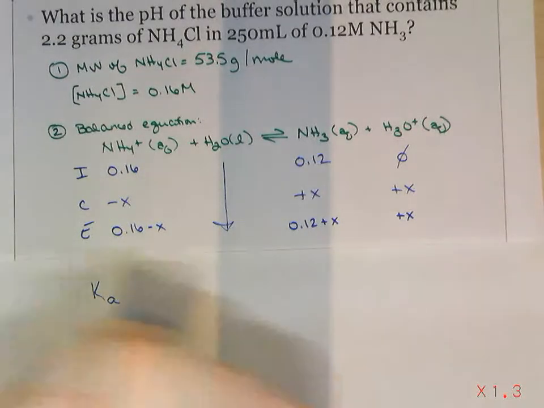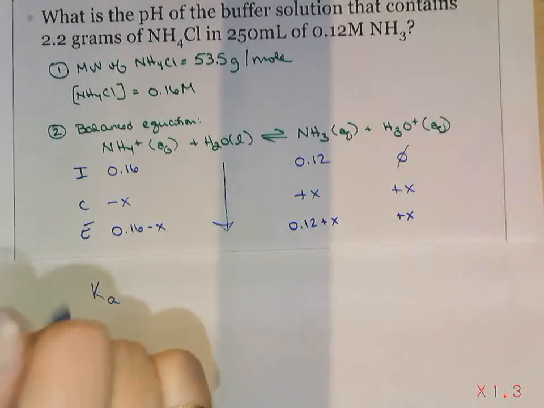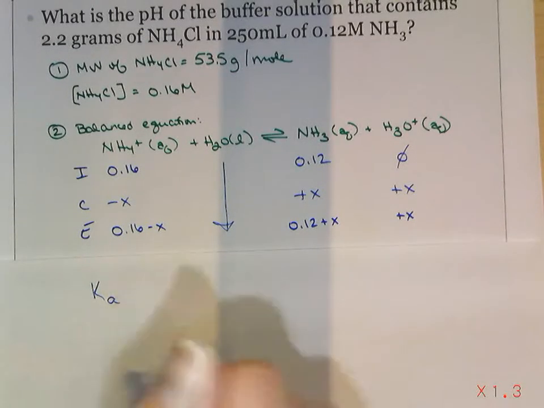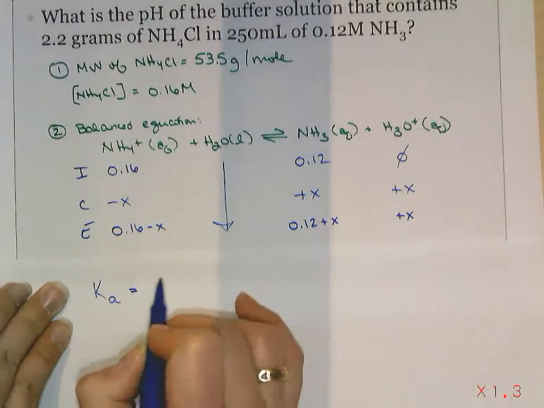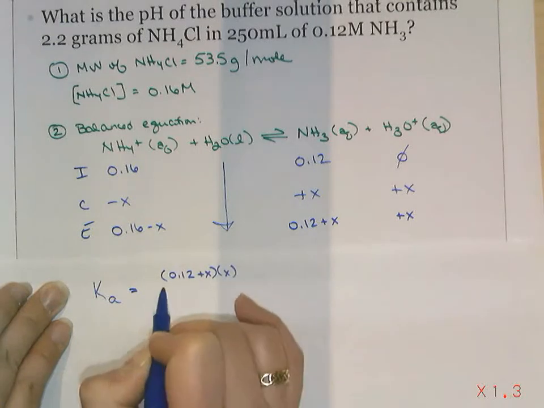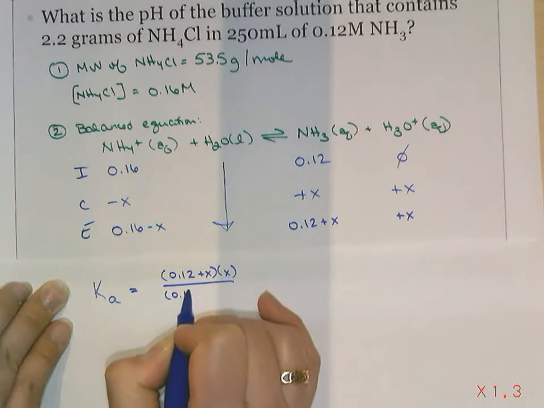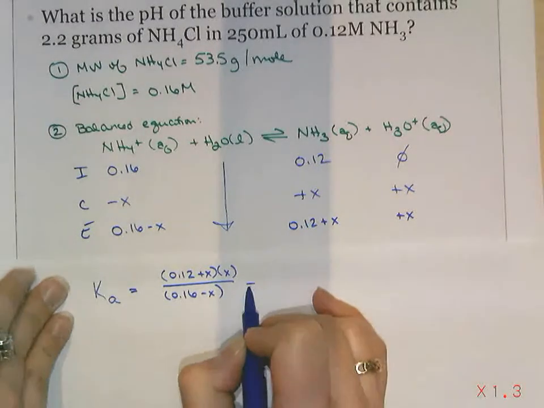Products over reactants. To be an acid, the acid has to be on the bottom. All right, now I go to my book and I would look up the Ka of NH4 plus.